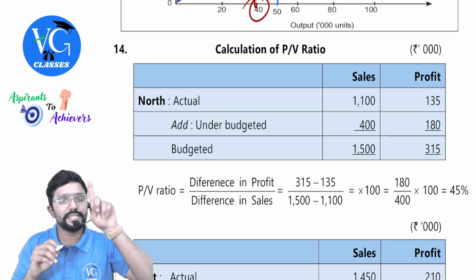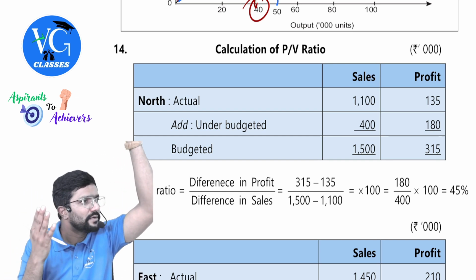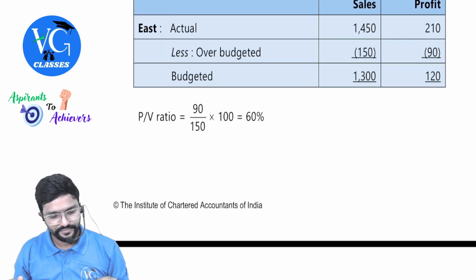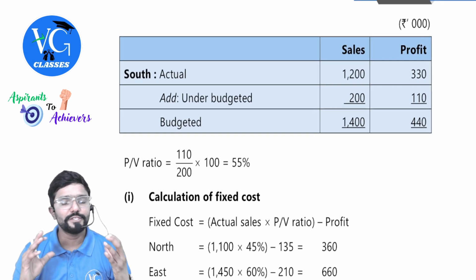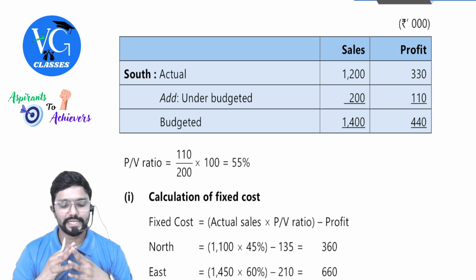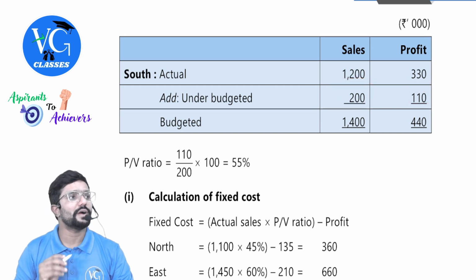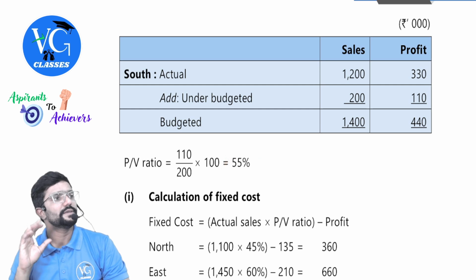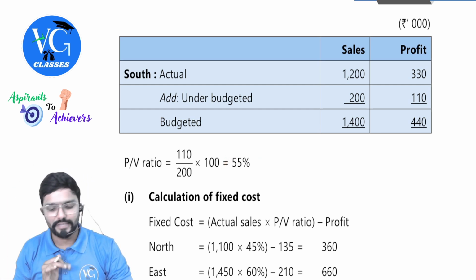If you interchange the position and take budgeted first, then use opposite signs. Then coming to south, both are under budgeted, so you add to actual and get budgeted. PV ratio is equal to 100 divided by 200 into 100, 55%.